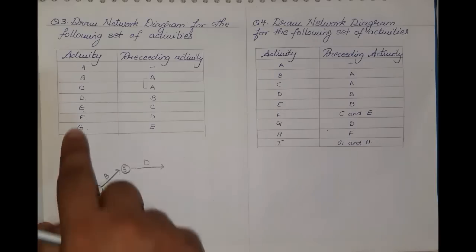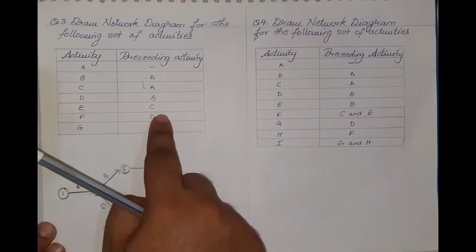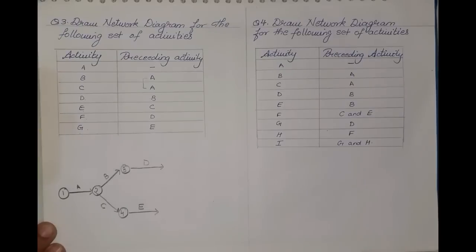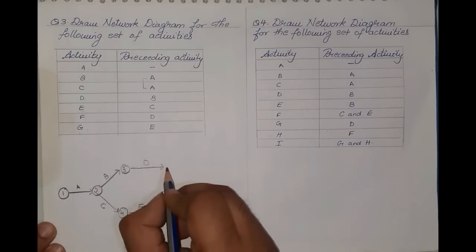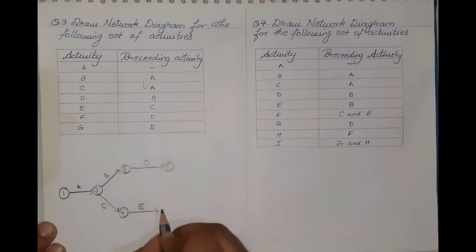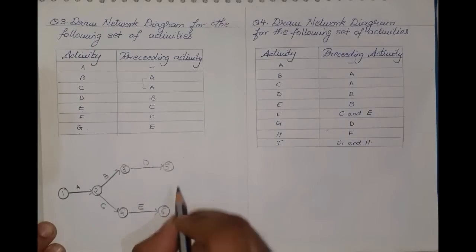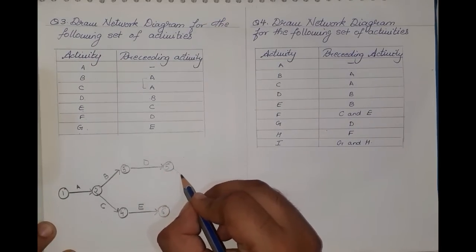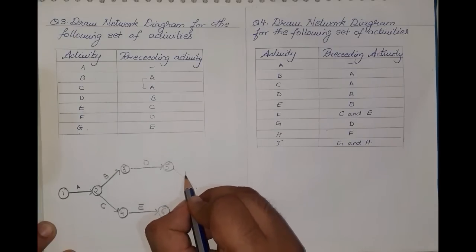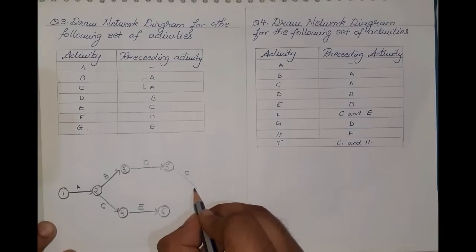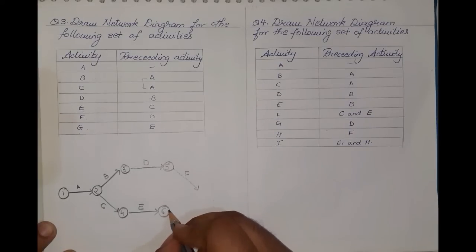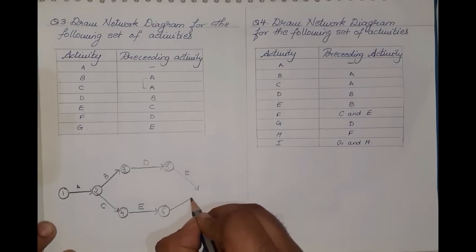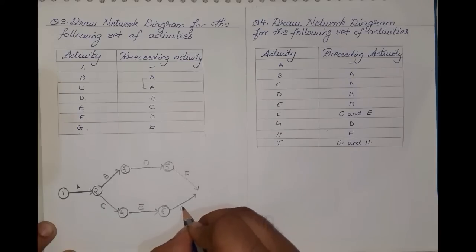So since there are two different points where they have evolved from two different activities, see how we need to close it now. This is event number 5, this is event number 6. From D we have activity F which has evolved, and from E we have activity G which has evolved.